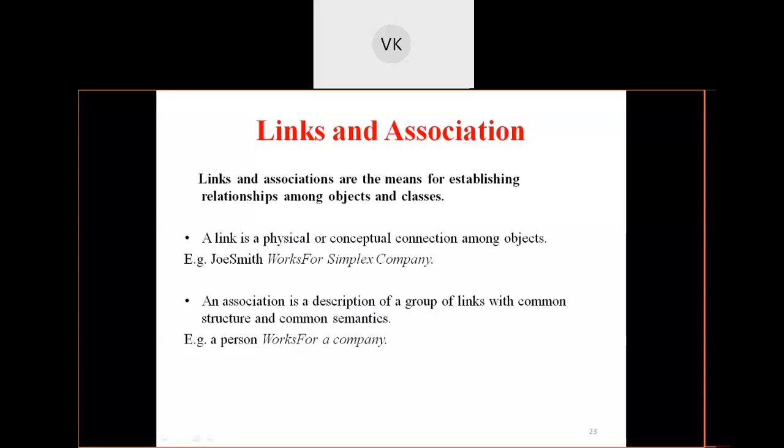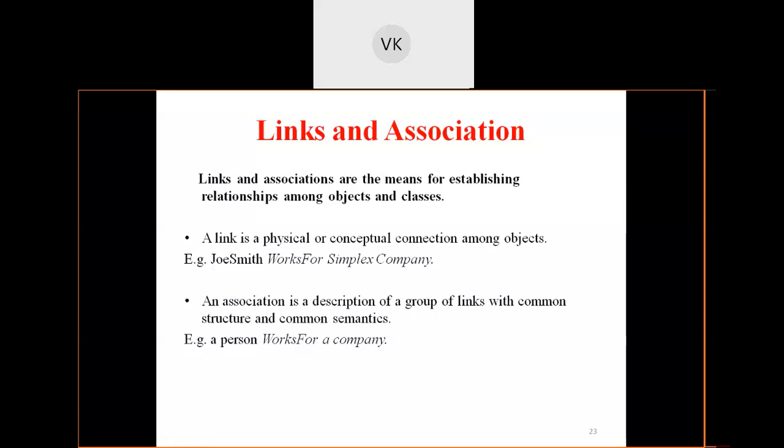And coming to the link, it is going to describe the relationship between the objects of the classes. Coming to the objects, a link is a connection between the objects. It describes how the objects are having a relationship with each other.